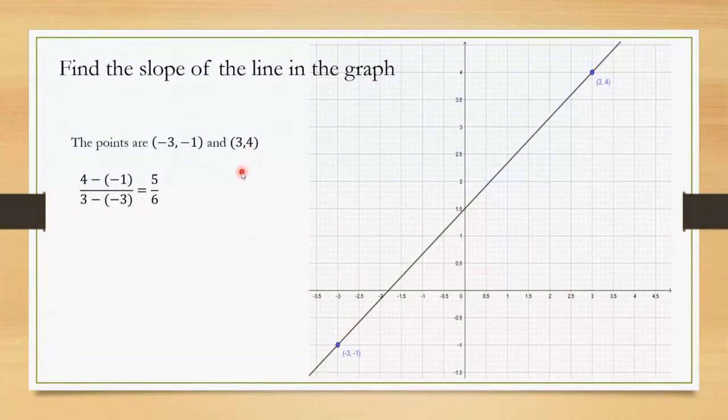I'm going to do 4 minus negative 1 on top, but again, you do the corresponding change, so over 3 minus negative 3. So 4 minus negative 1 over 3 minus negative 3, we're going to get 5 over 6. And that's our slope here.